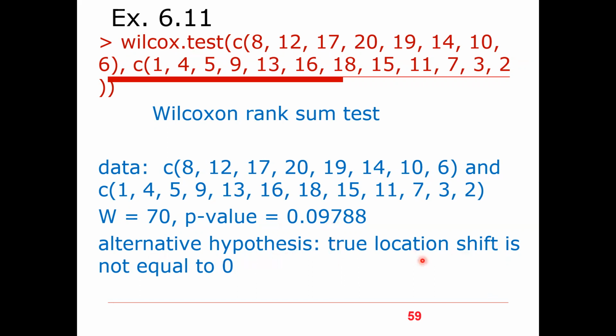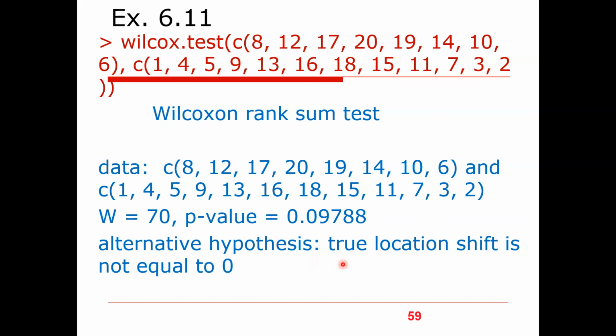Although it says the true location shift is not equal to 0, it seems it's testing the mean. However, we actually convert the variance, convert the spread as the ranks here. And by checking the location of these two vectors, these two ranks, actually we are comparing the spread of the two samples.